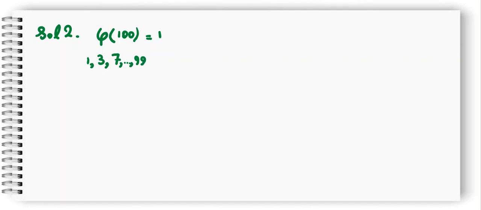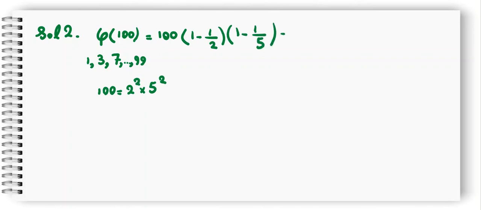The number of them has a formula. If you factorize 100, it is 2 squared times 5 squared. You write 1 minus 1 over 2 and 1 minus 1 over 5, because those are the prime factors. If you calculate, it will be 100 times 1 over 2 times 4 over 5, and it will be 40.